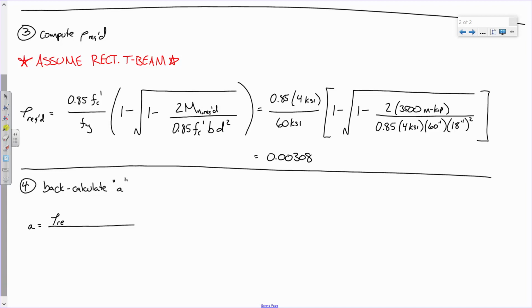rho FYD over 0.85 FC prime. And remember, that's just ASFY over 0.85 FC prime B, and just plugging in the definition of rho.